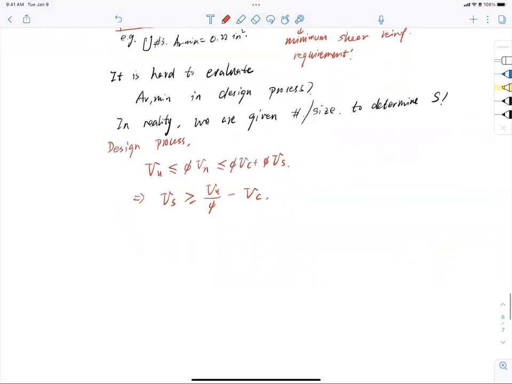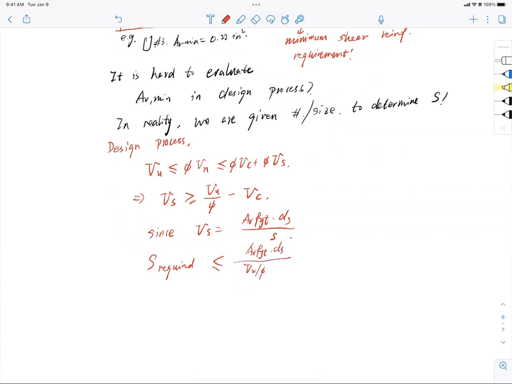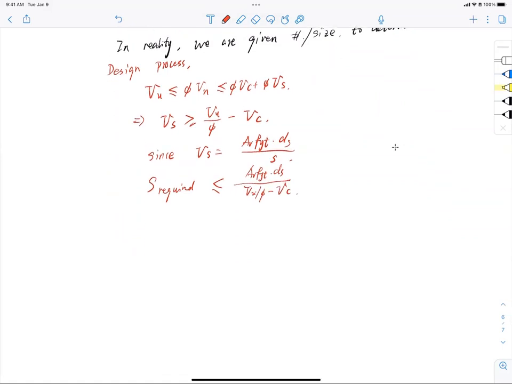For vertical stirrups, since Vs equals Av fyt d over s, the required spacing s has to be smaller than or equal to Av fyt d over (Vu/φ minus Vc). So that, ladies and gentlemen, is the spacing design.